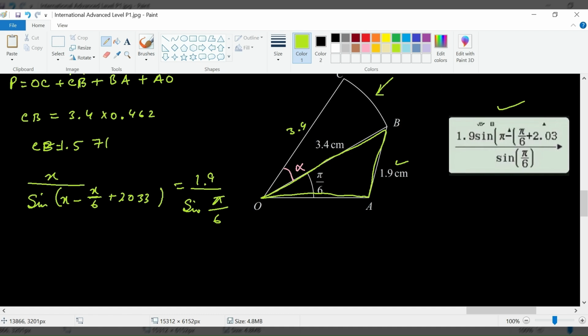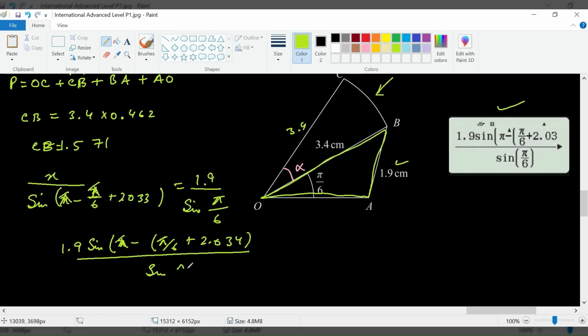For that, 1.9 will be multiplied by sine of, which is a cross multiplication, of course, x minus, this is a pi actually, pi minus pi over 6 plus 2.034 I can take, and it has to be divided by sine of pi over 6, which is equal to x.